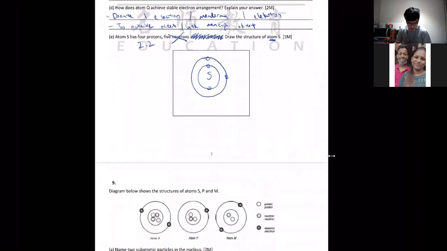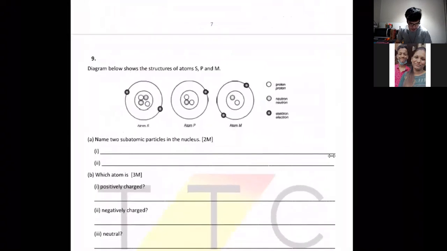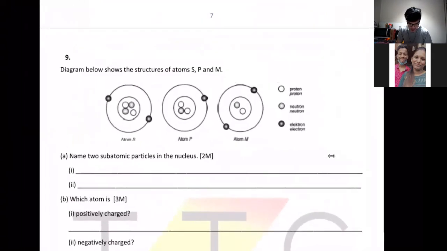Okay, next, number 9. The diagram below shows the structure of S. Hello, SPM. So this one, I'm just going to write this out. This is 2 neutron, 2 proton, because the gray one is neutron, the white one is proton. This one is 2 proton, 1 neutron. This is 1 proton, 1 neutron.